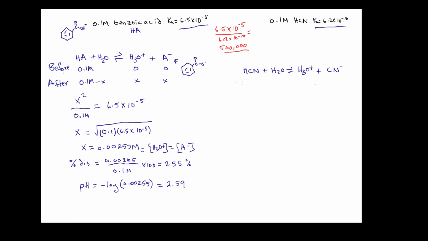Now, let's look at our ICE table or the box. So we have a 0.1 molar solution of the HCN to start with. The H3O plus: here's the deal with that. We calculated it here, and because the benzoic acid equilibrium is dominating, this is the concentration of H3O plus that we need at this point.